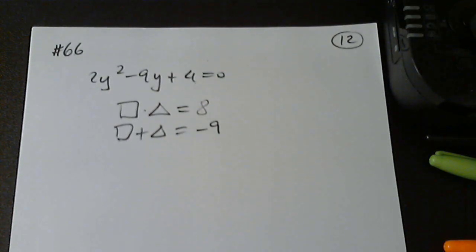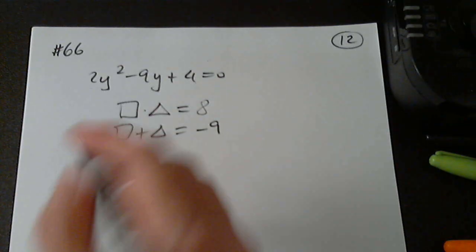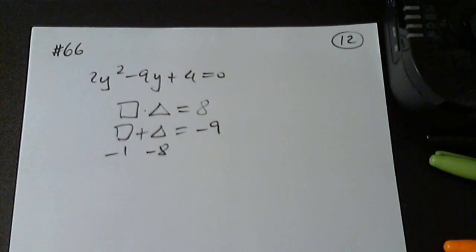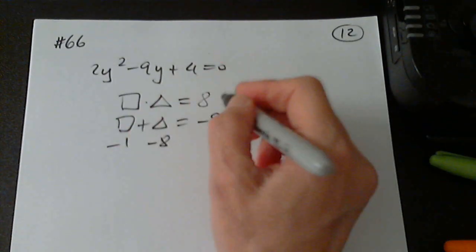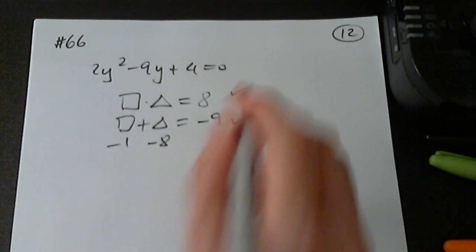So we need two numbers whose sum is -9 and whose product is 8. Both numbers have to be negative. -8 and -1. The product is 8, yes. The sum is -9, yes.